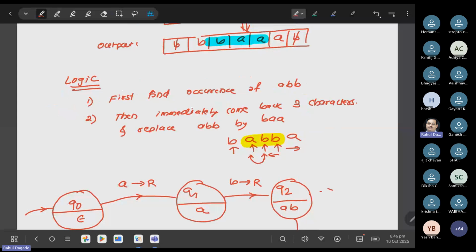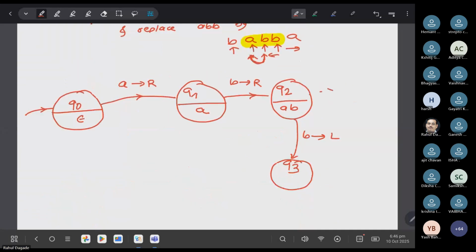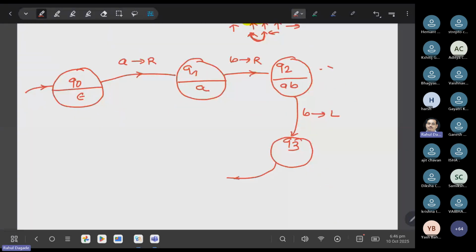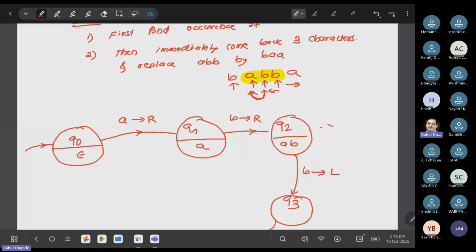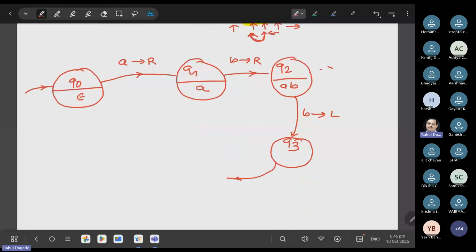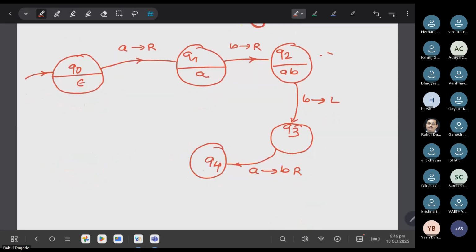I have to again move to the left so that I'll get A. So what I'll get after this, I'll read A here. In the Q3 state, when I get A, convert that A into B and move to the right. So Q4 state.